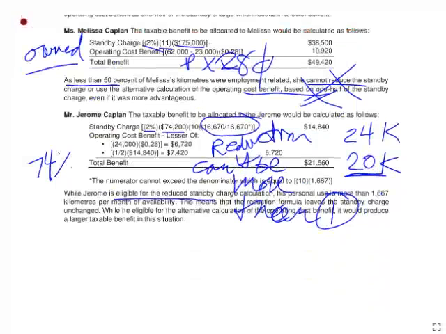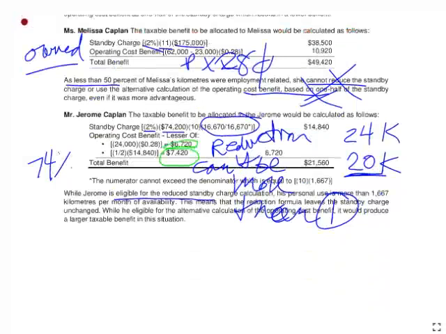And then after that, you do the operating. This is the last part to this question. The operating cost benefit, you calculate both of them because he's at 74, 50 or more, so he would qualify to pick. Well, look at this. Half of his standby charge is actually higher than the normal 28 cents calculation on 24.